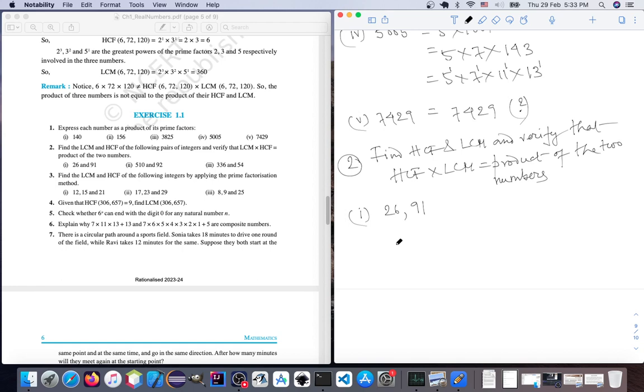First we have to find the prime factorization of the given two numbers. 26 is 2 into 13, and we are done.